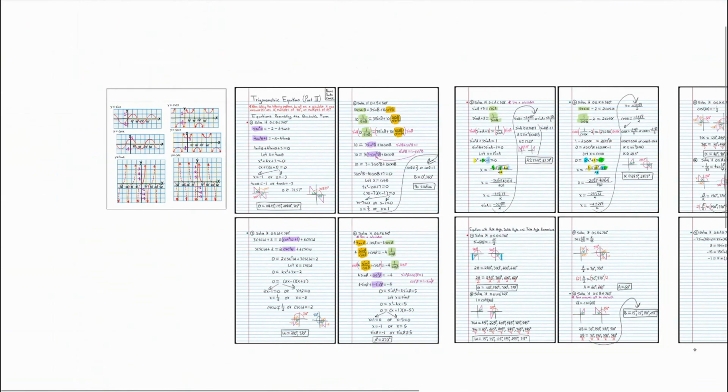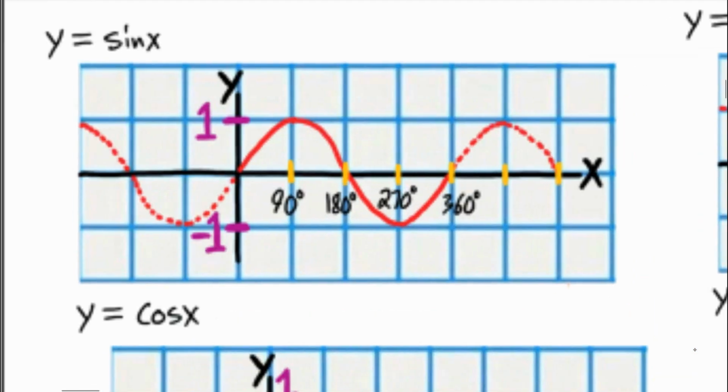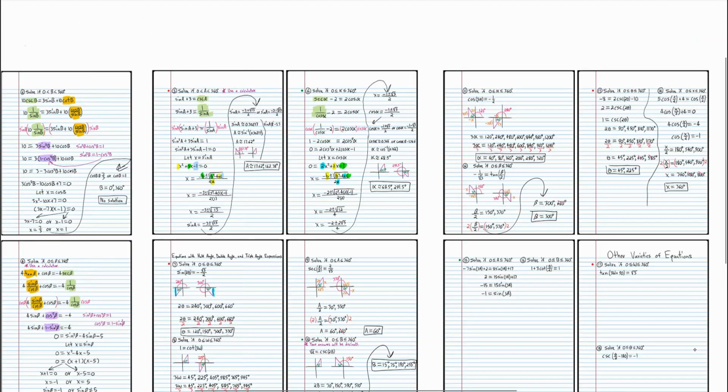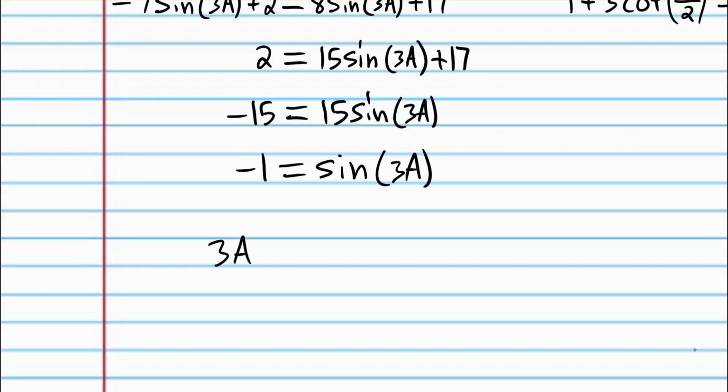So now we go to our sine curve. Whenever we have a collapsed triangle, we look at these curves. Sine is -1 at 270 degrees. And then to get to the next value, you just add or subtract 360. So 270 is the angle that you plug into the sine function to find your answer.